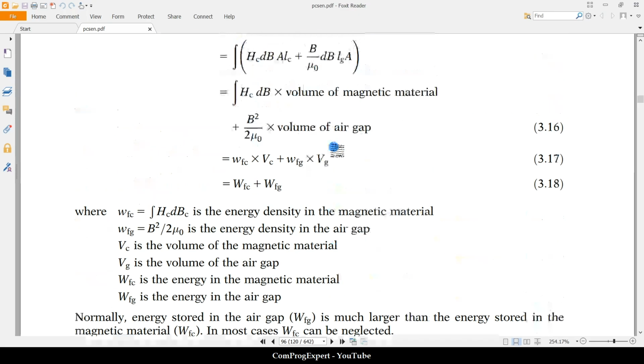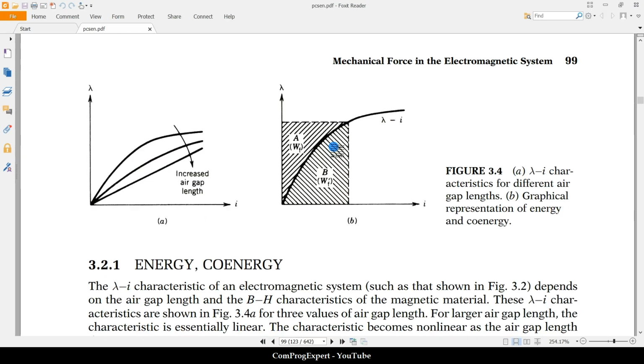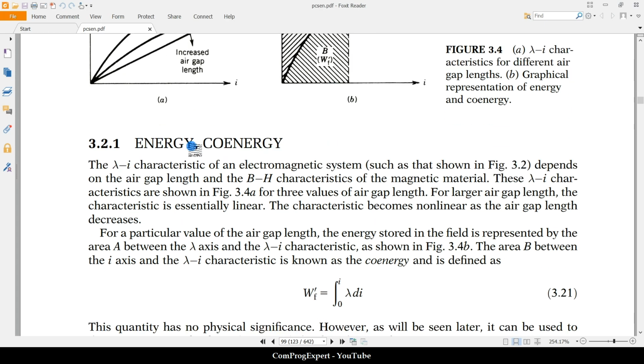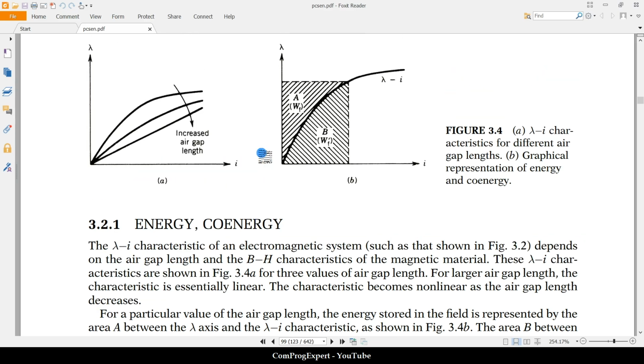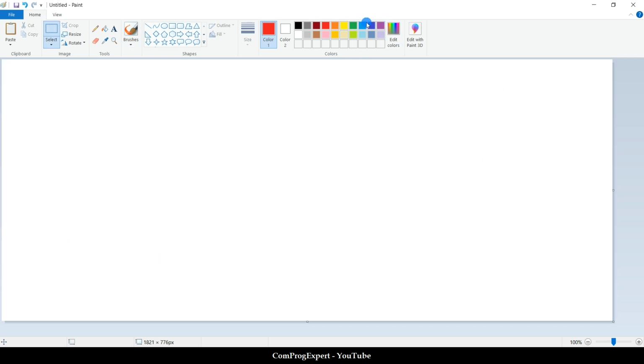Okay, so now let's review this section, energy and co-energy definitions. Until now, we studied the definition of the energy and of the energy density, and now let's define a new quantity, that is co-energy.